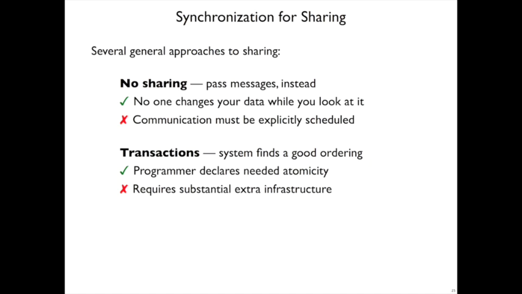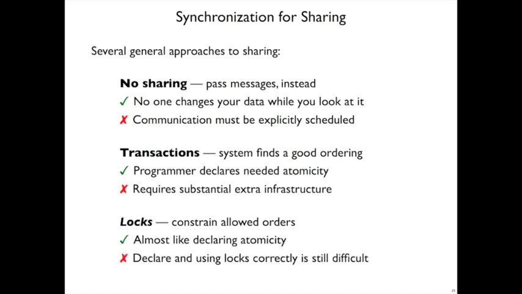And usually a transactional system will need the ability to rewind an attempted atomic operation so that it can retry it in a different way with a different ordering of other tasks. And that means that transactional systems require a lot of extra machinery in the runtime system, in the operating system perhaps, or maybe even in the processor, depending on how it's done.